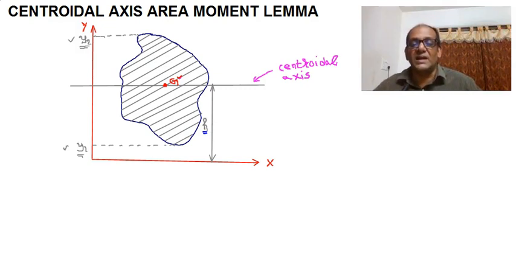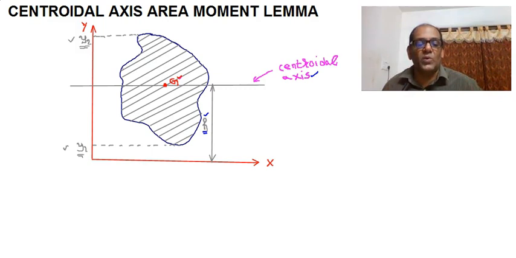Let us use the terminology that this line, which is drawn through the centroid and parallel to x-axis, is the centroidal axis. Now, to identify the height of the centroidal axis, that is the value of this h, we need to consider an elemental area perpendicular to y-axis and perform an integration.